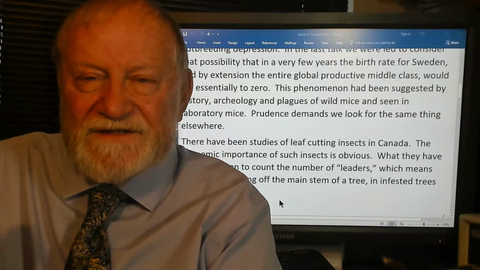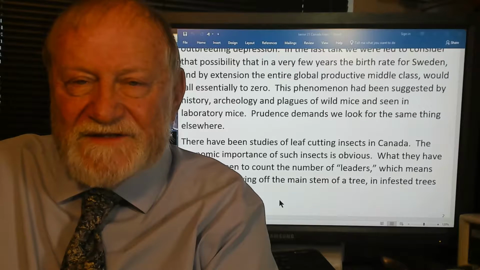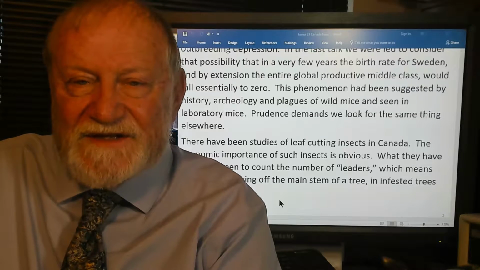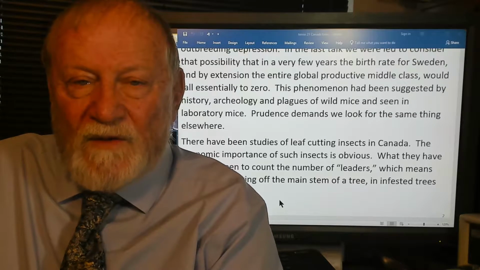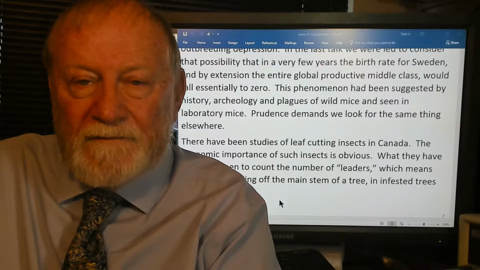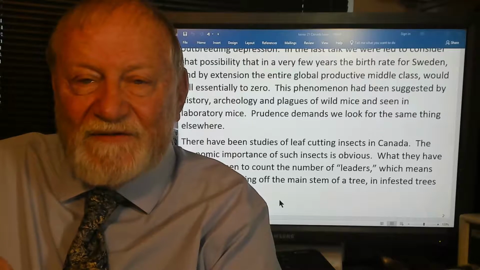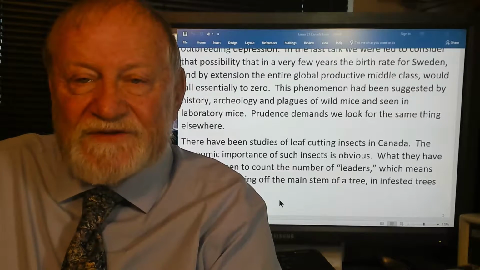Okay, cutting insects in Canada. The importance of insects eating trees is obvious. What they did was they would count the number of leaders. That means the shoots that grow off the main stem of a tree.